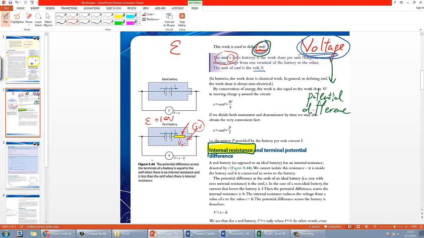When you try to measure outside, you only get how much? You only get 8V in that case. The idea is simply this equation, which is a bit like x equals 10 minus 2. 10 is the original one, minus the 2 taken by the internal resistance here.